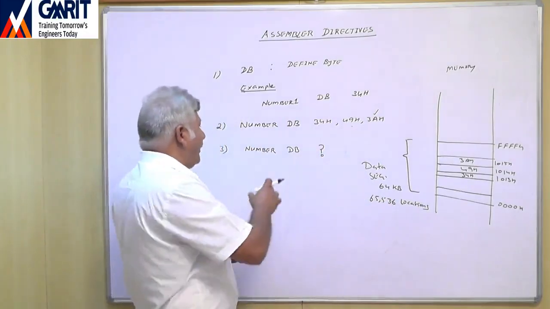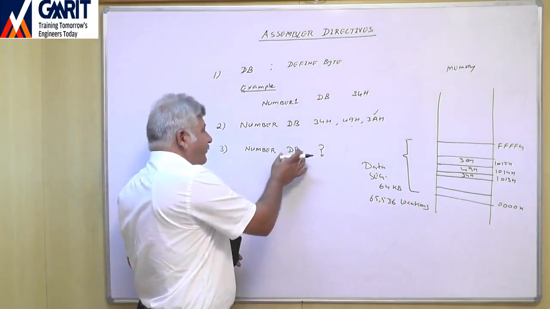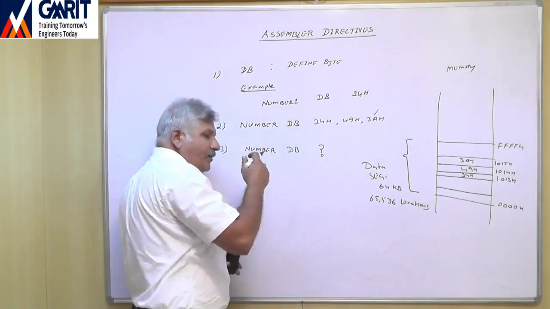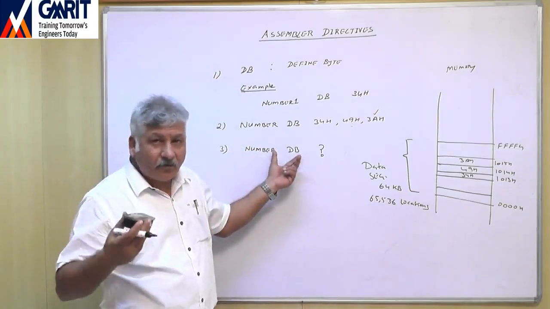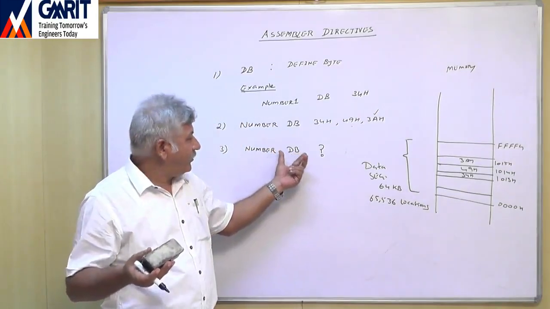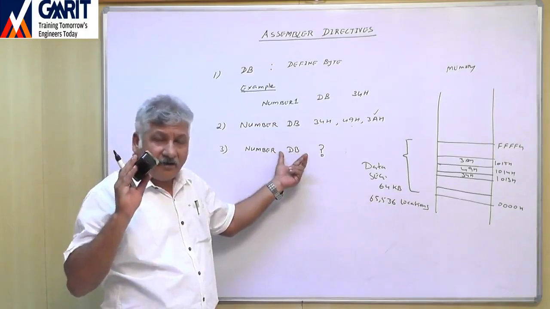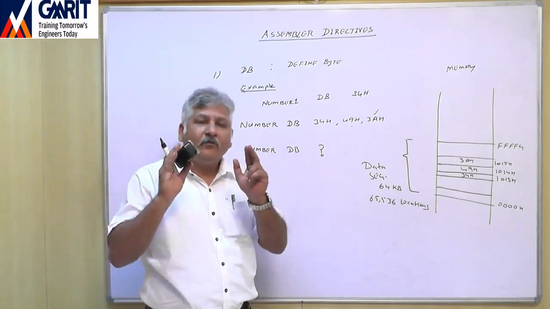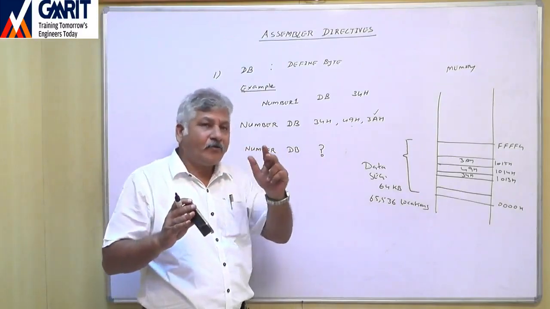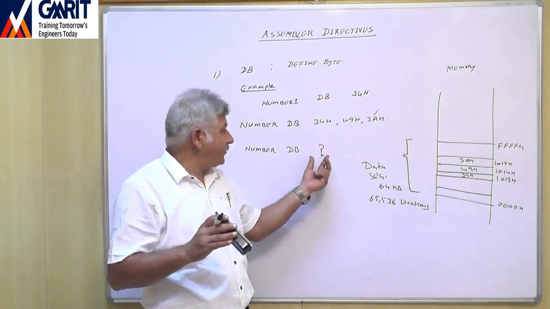So here this directive, which ultimately in our program I am going to use to store my result, will reserve one memory location for 1 byte. But what should be stored at that byte is not defined.